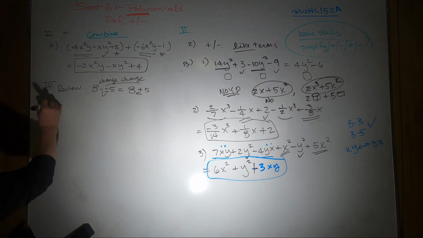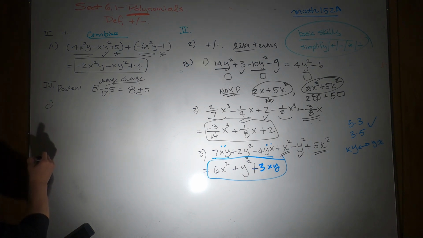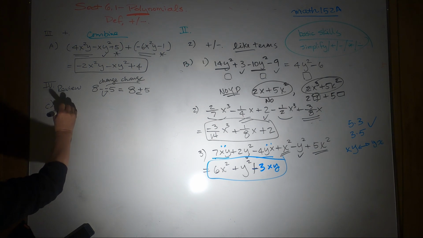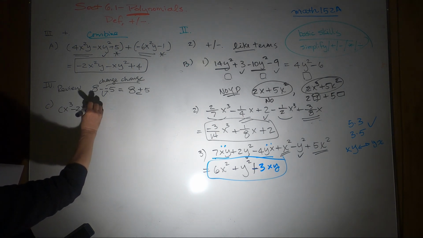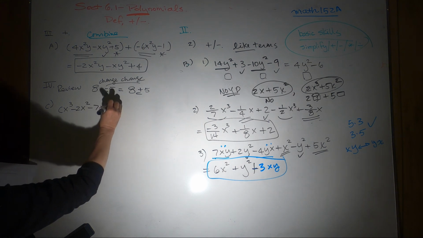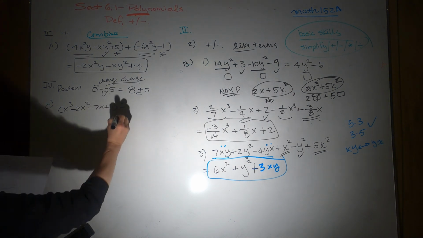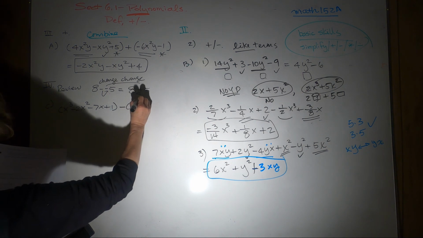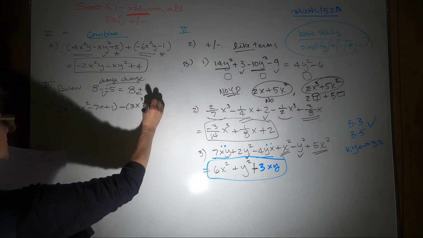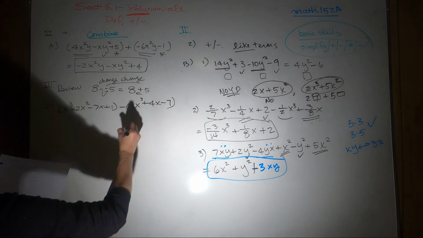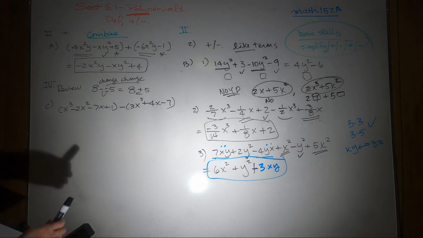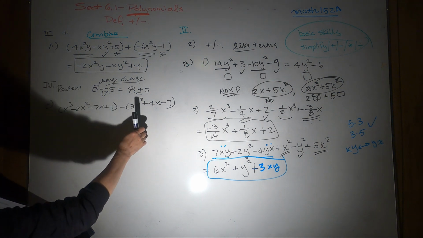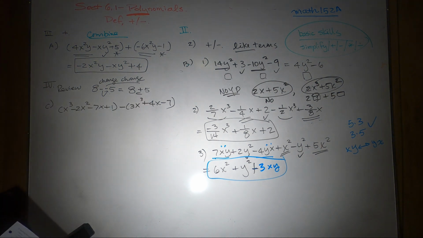Okay? So let's take a look how we are going to do those. You have x cubed minus 2x squared minus 7x plus 1 and minus 3x cubed plus 4x minus 7. Okay, when you have a parenthesis, that means what? Whole thing is together.